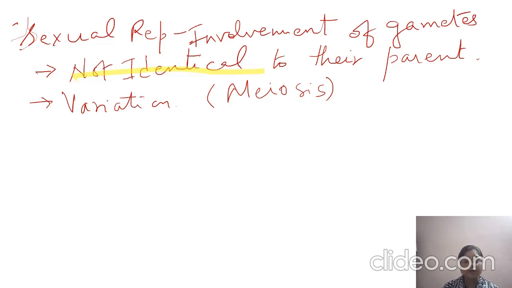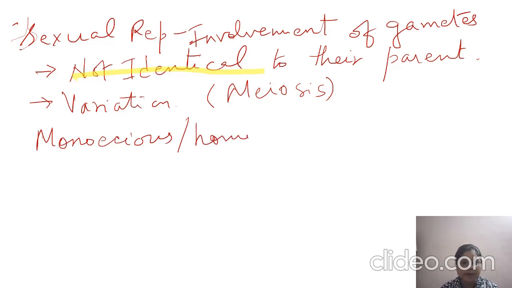Now what are the different kinds of individuals? You have heard about organisms which we also call monoecious or bisexual. We also use the term homothallic for them.